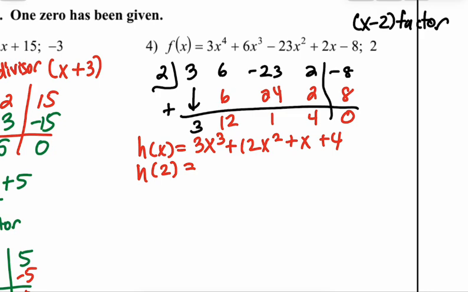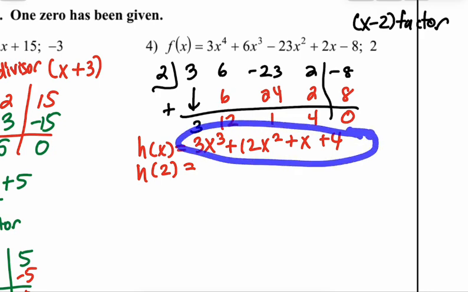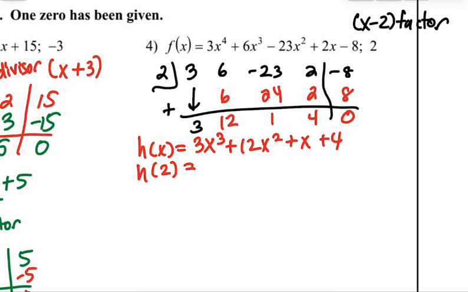If all of these are positive, am I ever going to get 0 if I plug in 2? Think about it. If I plug in 2 right now, aren't I going to get a positive big number of some sort? So that one's out. That's not going to equal 0. That tells me when they're all positive, I need a negative to bounce things back and forth. So let's try now negative 2.